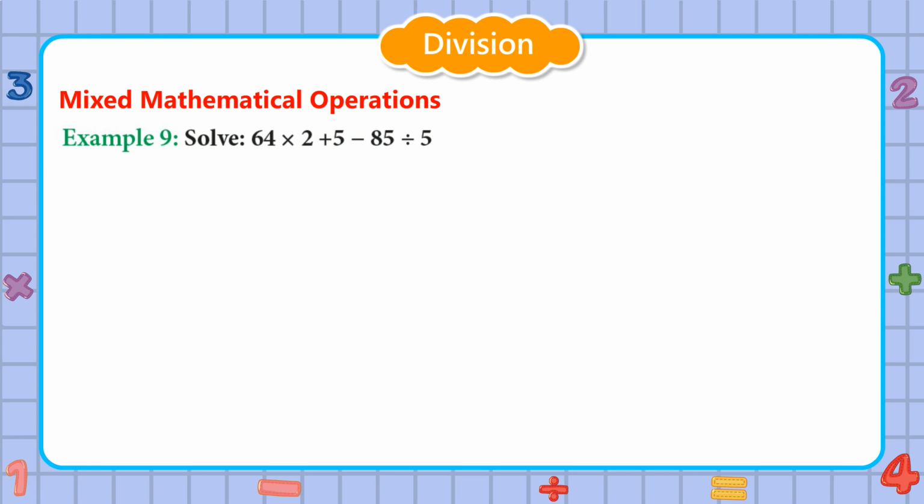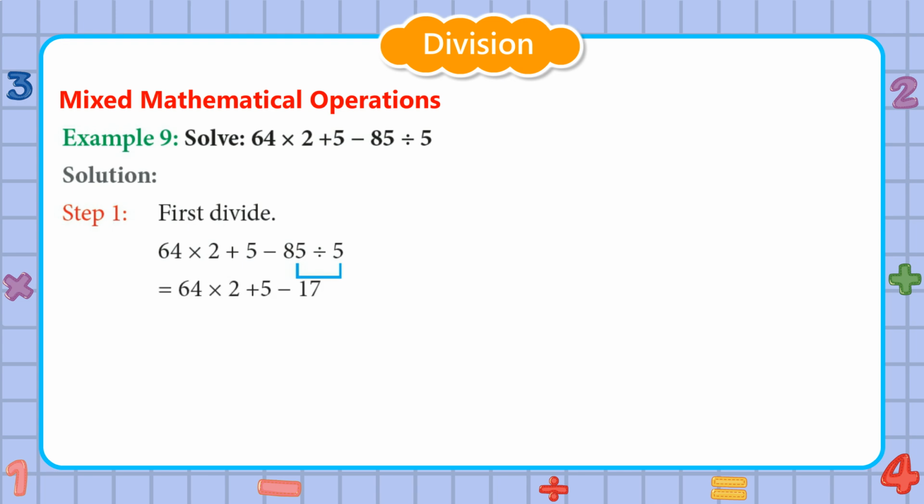Example 9. Solve 64 multiply 2 plus 5 minus 85 divided by 5. Solution. Step 1. First, divide. 64 multiply 2 plus 5 minus 85 divided by 5 is equal to 64 multiply 2 plus 5 minus 17.